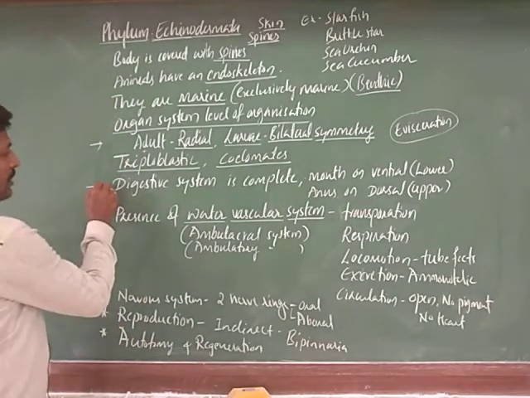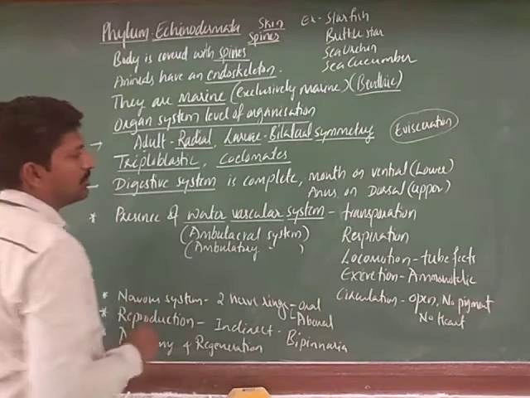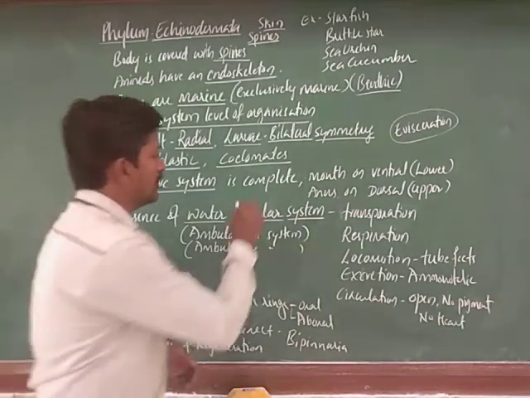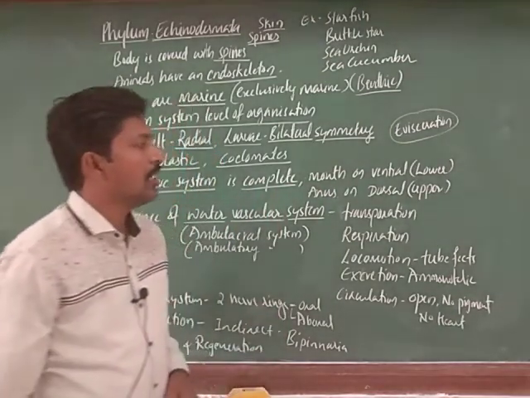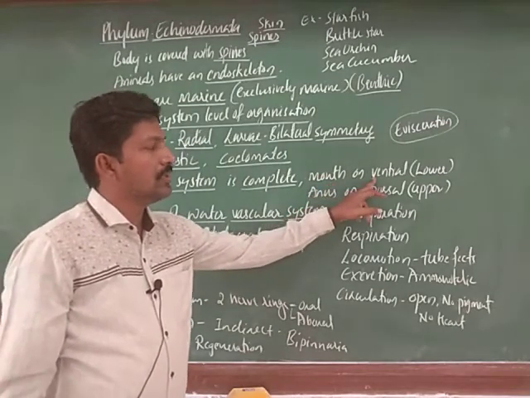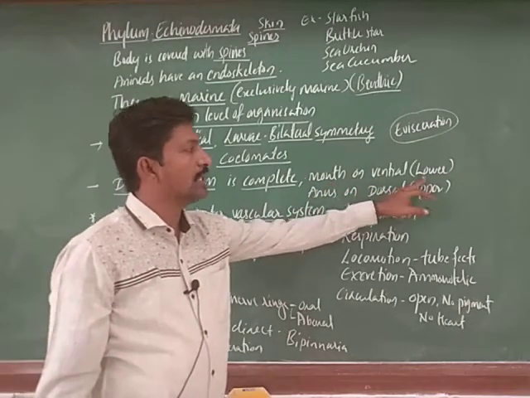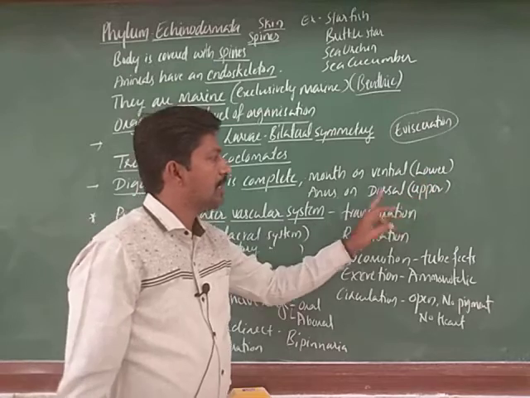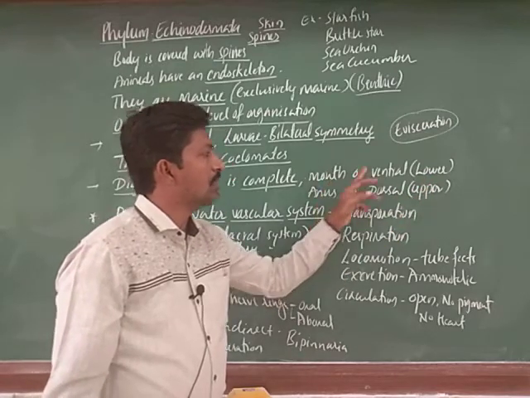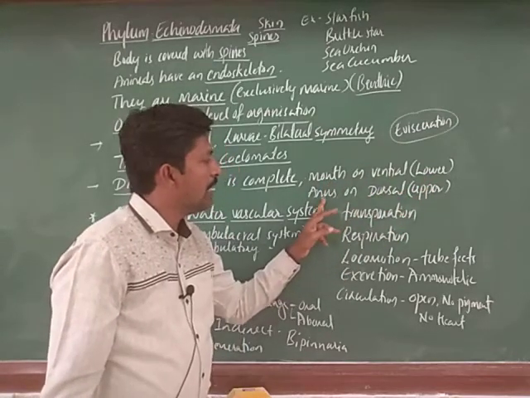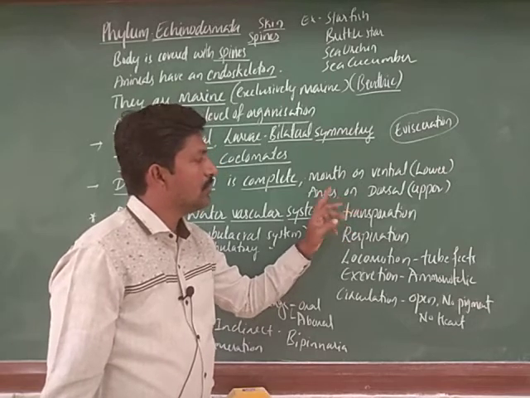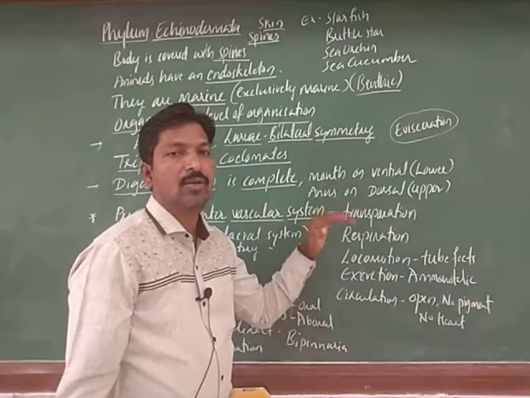Next, the digestive system, which is said to be complete. Here the mouth is on the ventral side, the lower side, and the upper side is called the dorsal side. The mouth is present on the ventral side and the anus is present on the dorsal side.